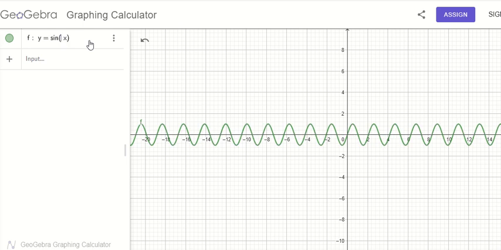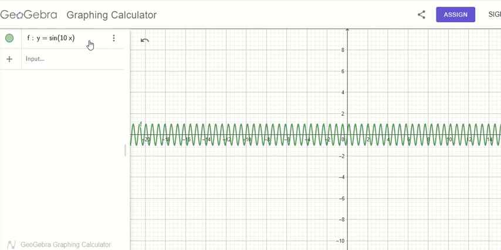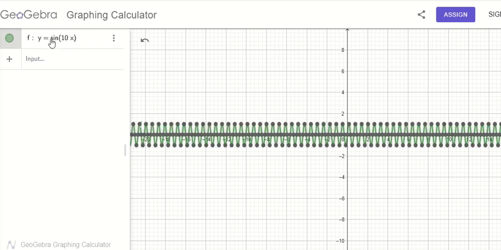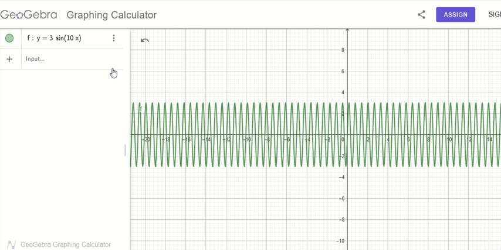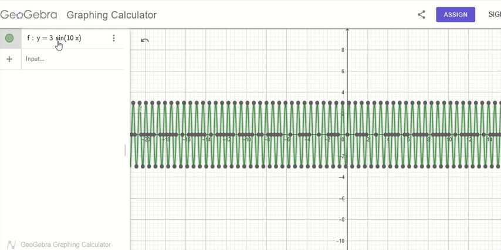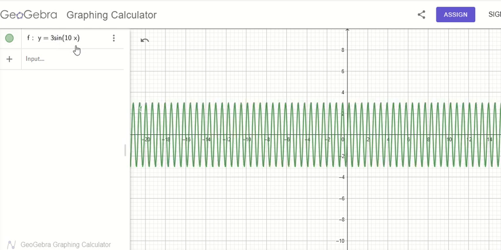And then I'll put in something big, so a 10, so you can see what happens there. Now if I go back and change the amplitude as well, and we already know that if I put maybe a 3 in front there, that will make the graph go up. So we can see how the graph is starting to change depending on whether we put a number in front of the sin, or into where the angle is.